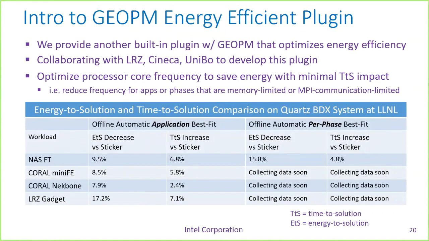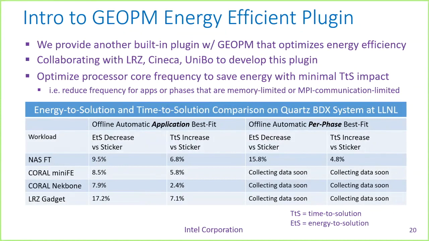Because they're memory limited or MPI communication limited, if you were to run the processors at full frequency, it wouldn't improve runtime. You're just generating memory or communication operations faster than the memory system or communication system can satisfy them. So instead, we're trying to reduce the frequency and save power in the compute portion of the hardware.